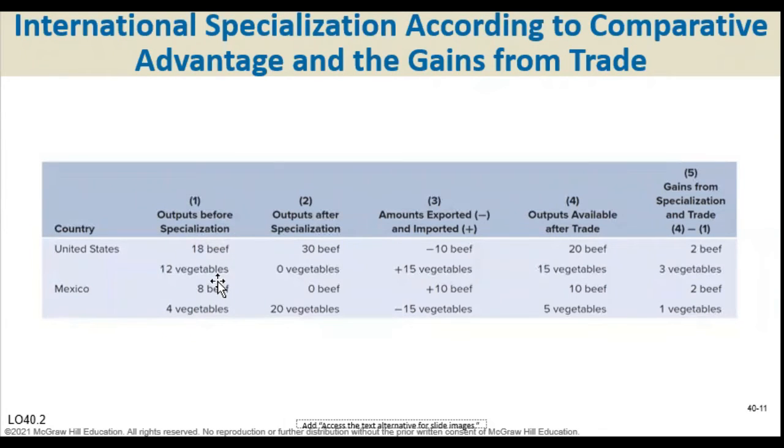And we look at the production possibility curve: 18 tons of beef and 12 tons of vegetable, and Mexico is 8 tons of beef and 4 tons of vegetable. When they specialize in the production of a particular good, we see that the United States produces more beef, and Mexico just specializes in the production of vegetable.